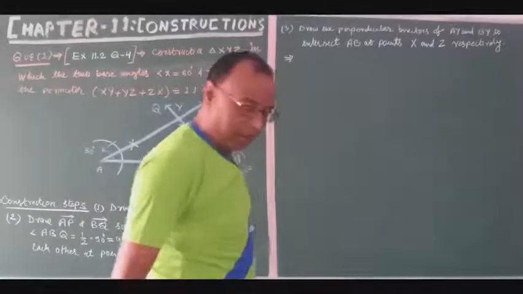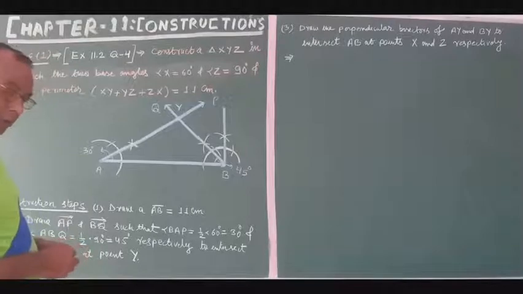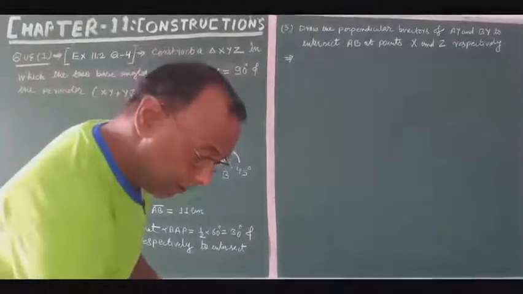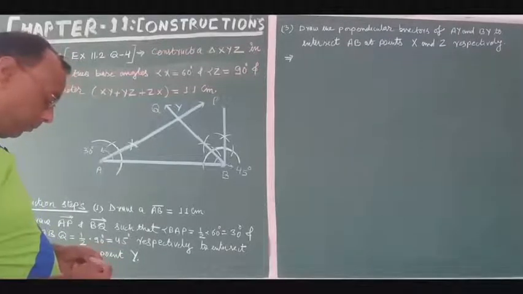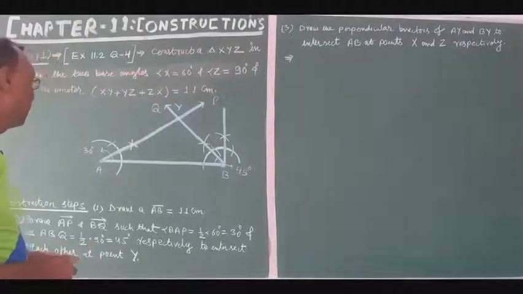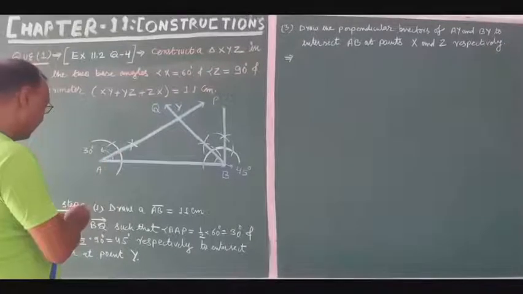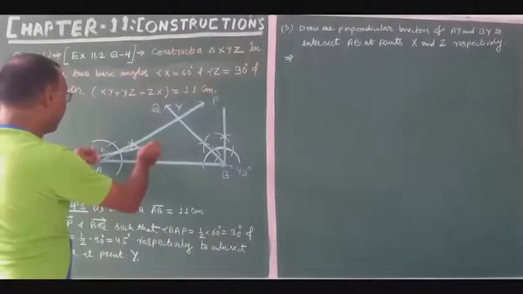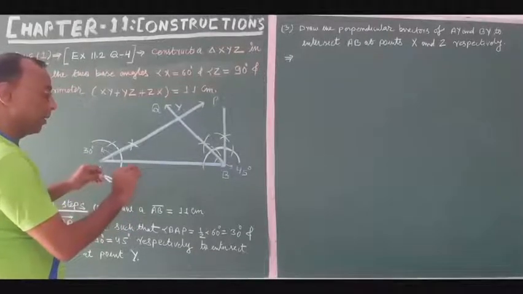Now is it there? Now we will do the perpendicular bisector of these two. So just look here, in what way? For the construction of perpendicular bisector of AY, we will put the compass here at point A, and this is our pencil.